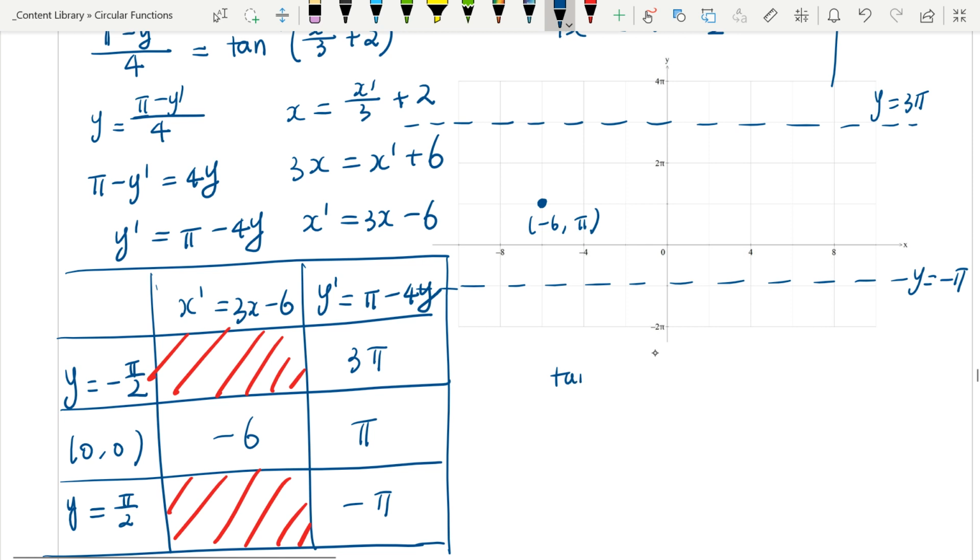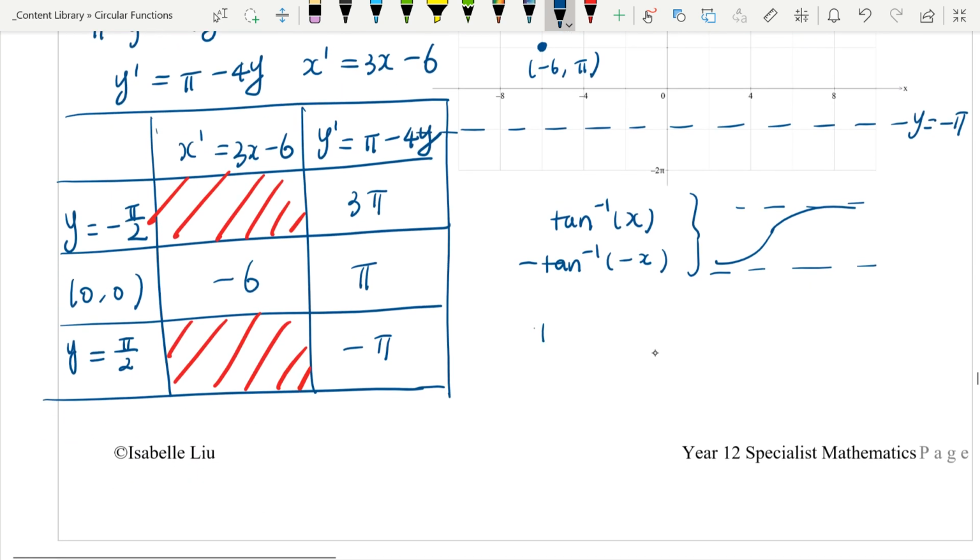If it's tan inverse positive x, or negative tan inverse negative x, like both negative or both positive inside and outside, the graph is an increasing graph. So it's an increasing graph in this case. If one of these is negative, same as cot and tan, how you sketch it, you will have a decreasing graph.